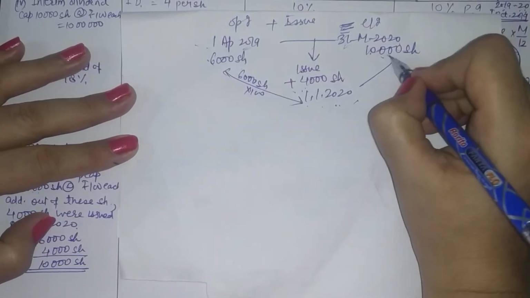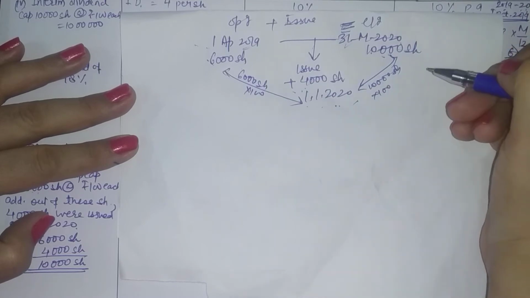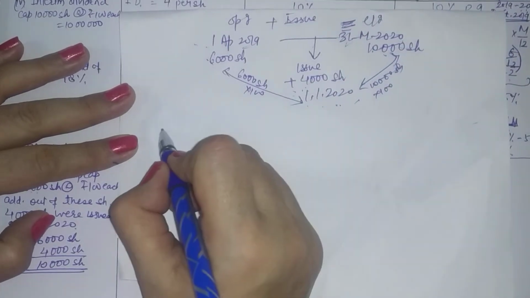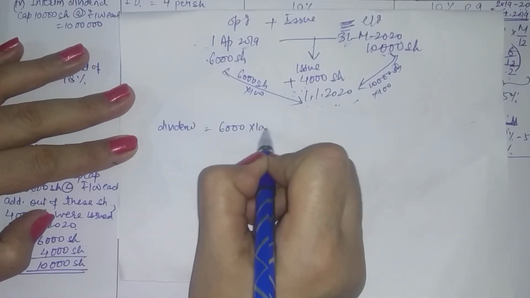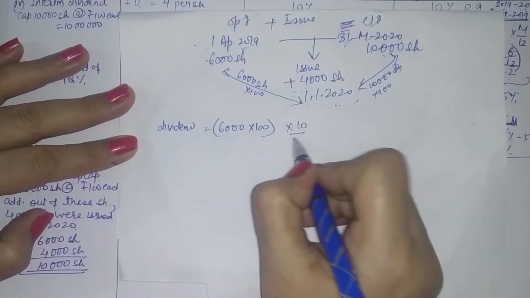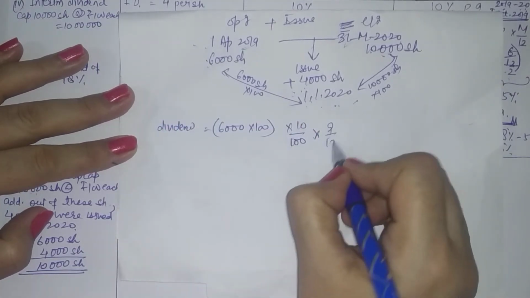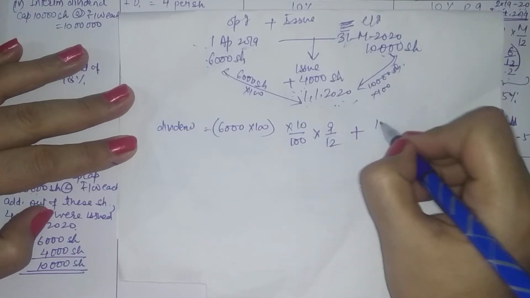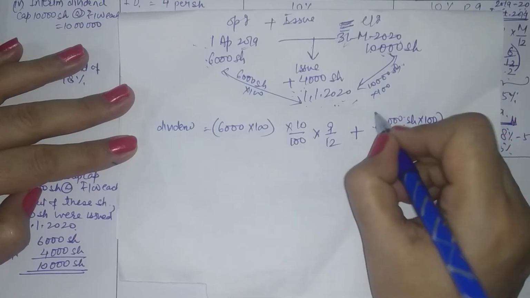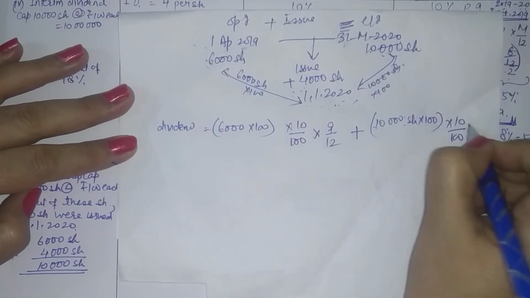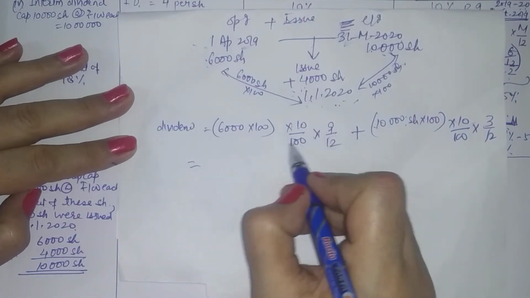After this date, we have 10,000 shares of 100 rupees each, right? So your amount of dividend will be 6,000 shares into 100 and the rate of dividend is 10% per annum. So this is for how many months? 9 months. Plus 10,000 shares of 100 each, 10% dividend for 3 months. So you can either make calculations like this.